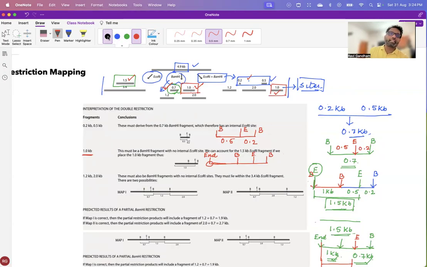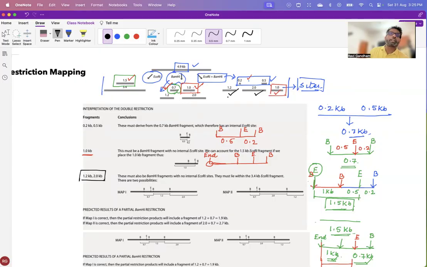So what are the bigger sizes of fragments that are there now for us to analyze? It is 1.2 kb and 2 kb. So we'll take 1.2 kb and 2 kb now together. Now check whether you have the subfragments of 1.2 and 2 kb summing up to their lengths in either of the individual digests.